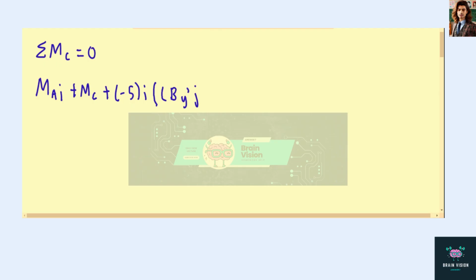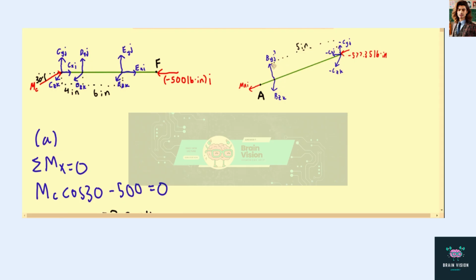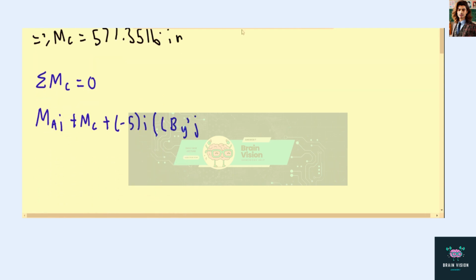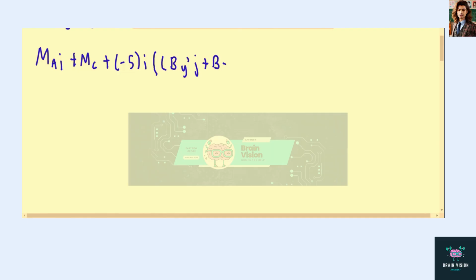We call this y prime because if we look at the diagram, this y component is on its own y-axis, compared to this y component. So we label it as prime, so we know that it's on its own axis. Then we'll have plus B of z k is equal to 0.